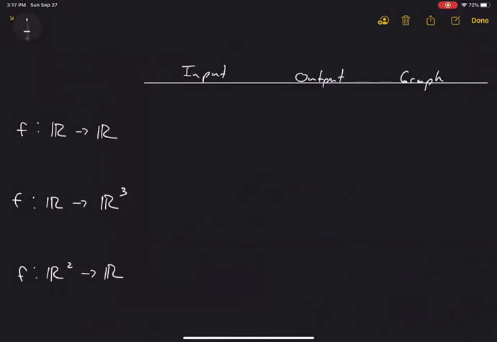All right. So let's talk about how to visualize these multivariable functions. Now, let's go through our hierarchy of stuff we've learned. Starting with the stuff from Calc 1 and 2, and even before that, functions from R to R, these single variable functions.